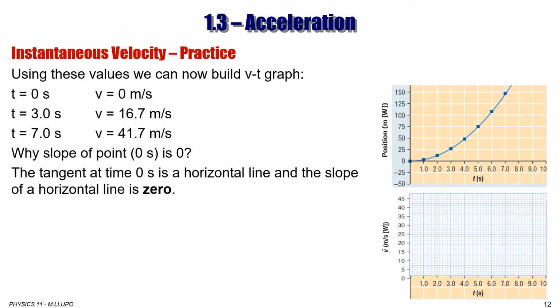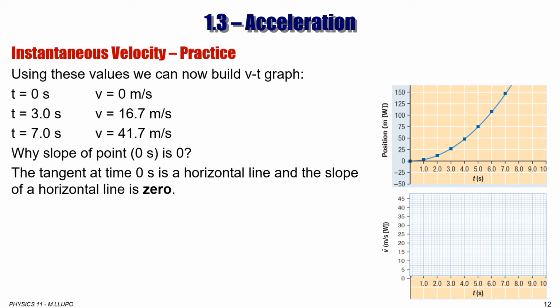After getting those values, 0 at time 0, because the tangent at 0 is a horizontal line and the slope of a horizontal line is 0, at time 3 we have the slope 16.7, and at time 7 we have a slope of 41.7. With these 3 points, we draw a velocity time graph underneath that position time graph.